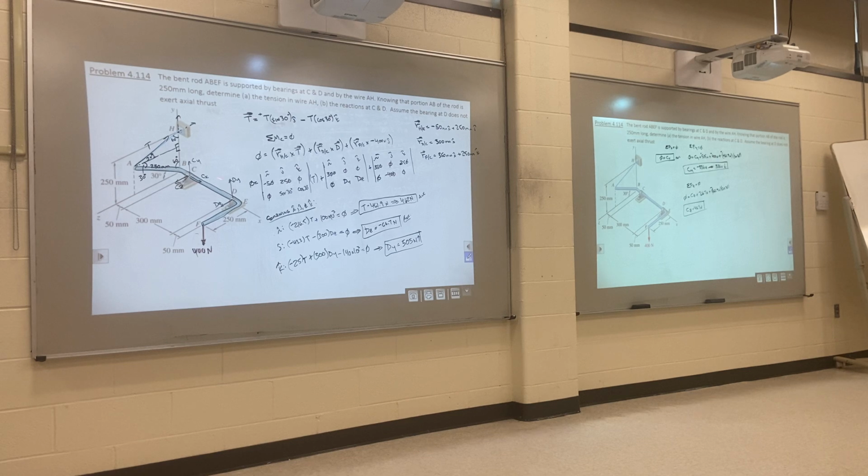Knowing that if I summed it here, I have 1, 2, 3 unknowns, and I would have 3 separate equations, right, to solve for them. If I sum the moments at D, I have 1, 2, 3, 4 unknowns. The 3 equations. Even though I would have looked at it, said Cx is equal to 0 and knocked it out anyway.